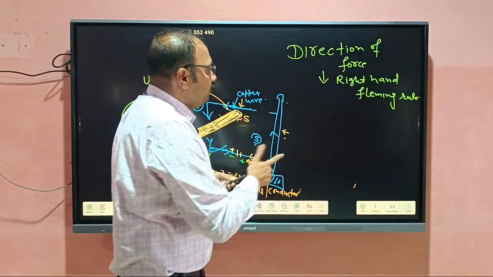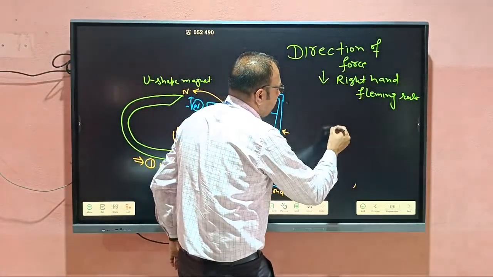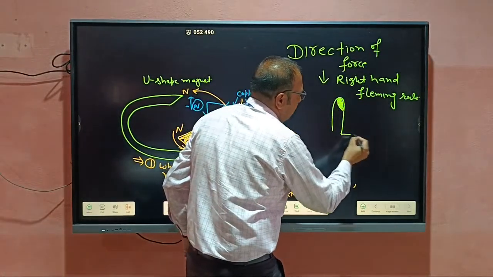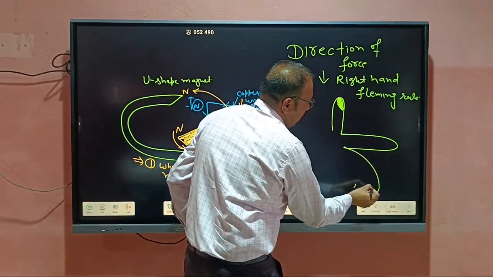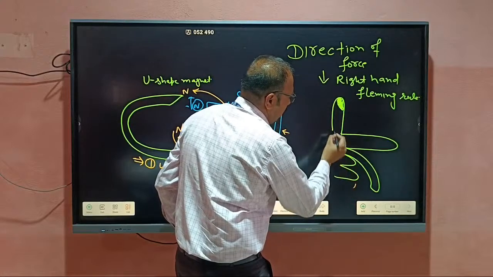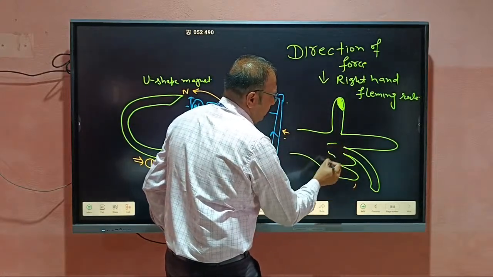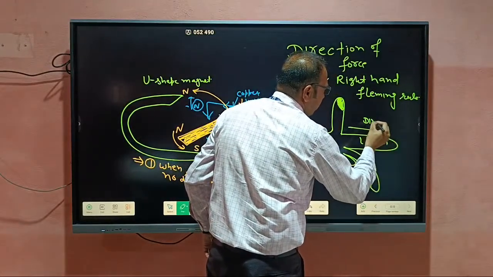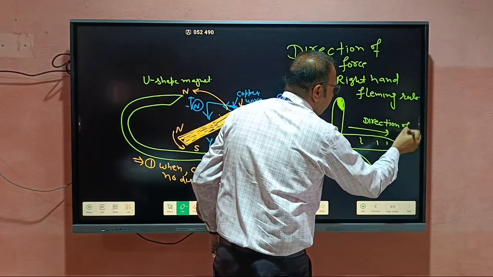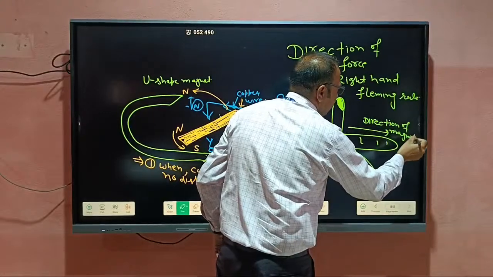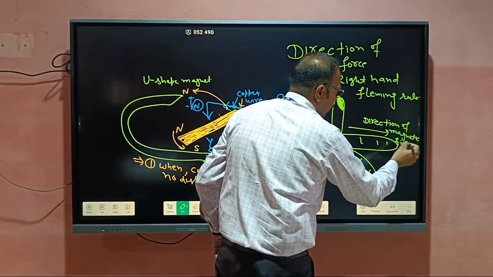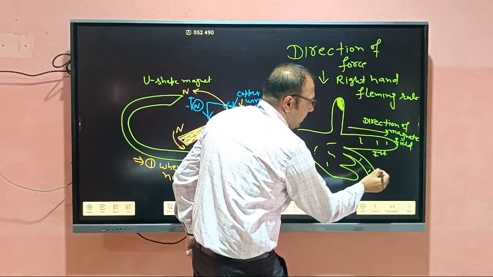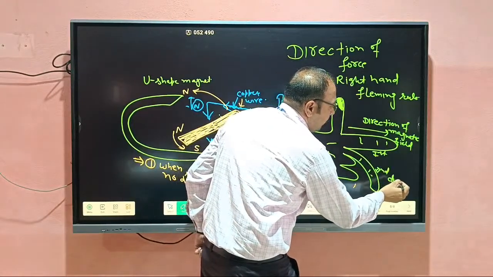So how do we draw this? We make this like this, and this gives the direction of the magnetic field, the first finger, and the second finger the direction of electric current.